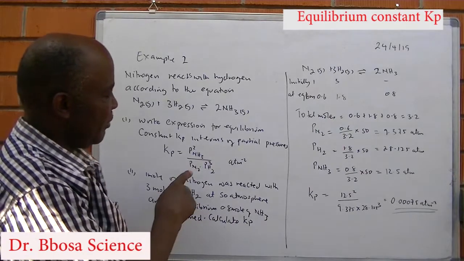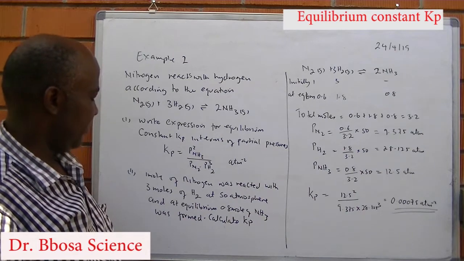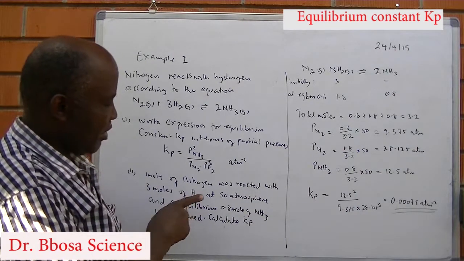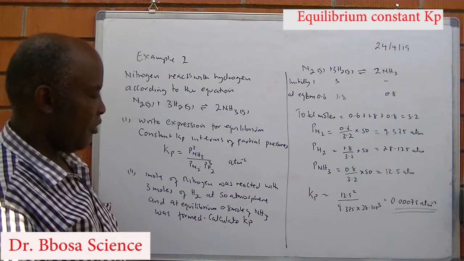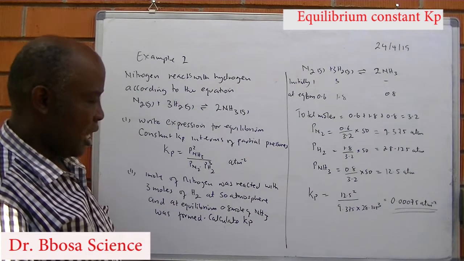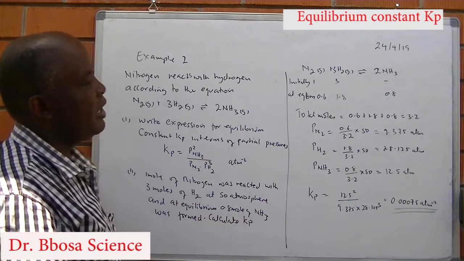The units will be per atmosphere squared. 1 mole of nitrogen was reacted with 3 moles of hydrogen at 50 atmosphere. At equilibrium, 0.8 moles of ammonia was formed.